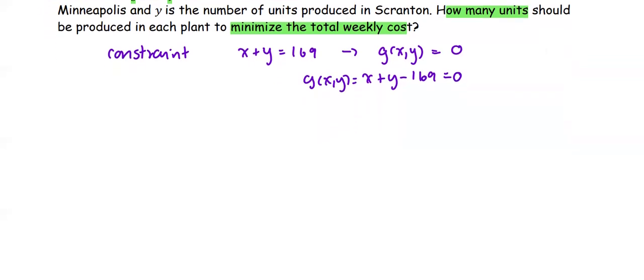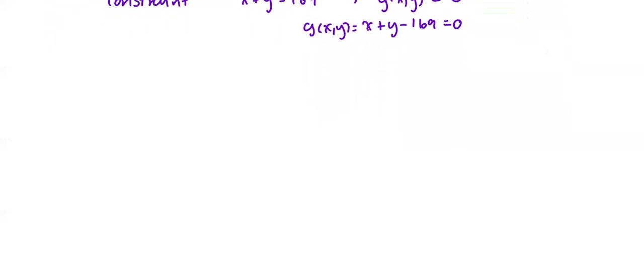The steps of using the Lagrange multiplier. First one, we're gonna form the Lagrange function, the capital F. In this case, the function is given as a cost function, so C(x,y) plus the Lagrange multiplier lambda times the g(x,y).